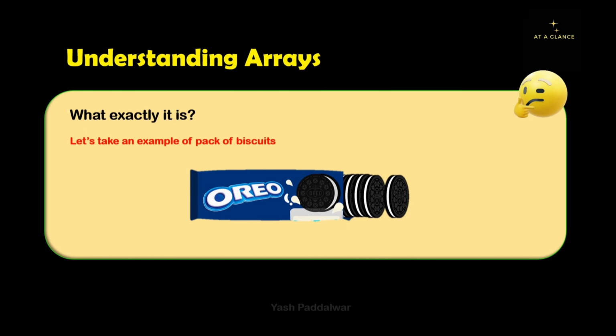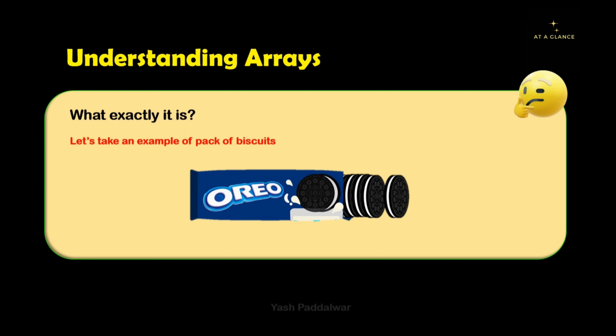So the packet will only contain similar biscuits of the same flavor. Also, the number of biscuits will only be the size of the packet; it won't exceed the size of the packet. This means that the biscuit packet is of fixed size. Also, all the biscuits are arranged in a linear fashion.